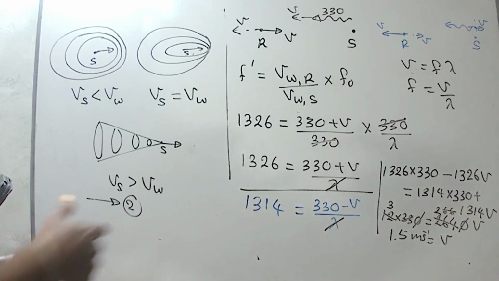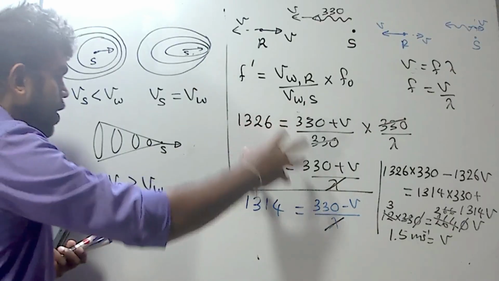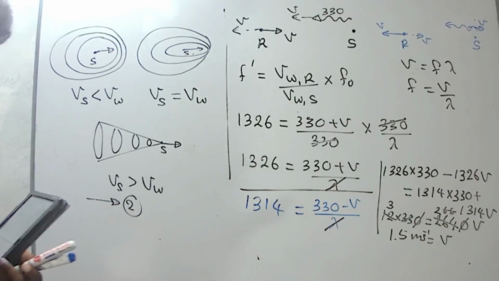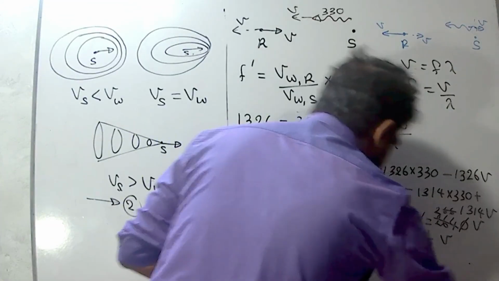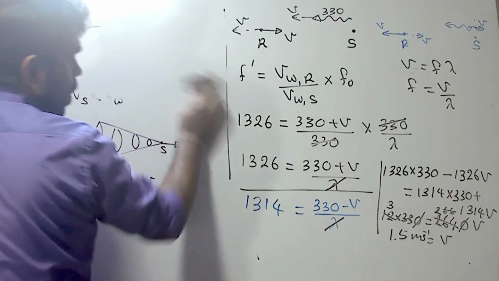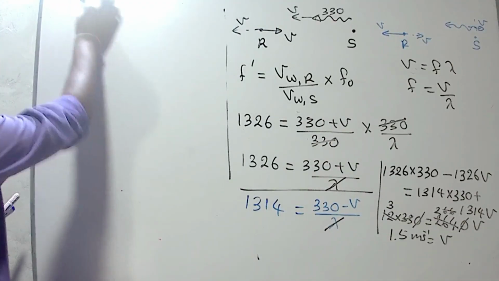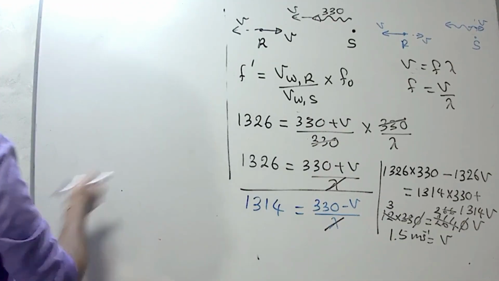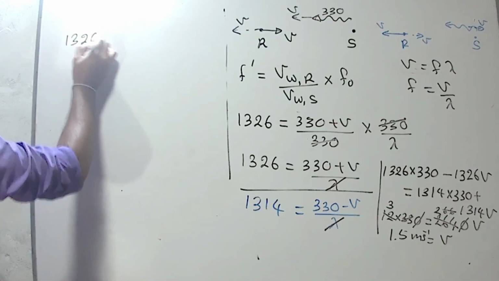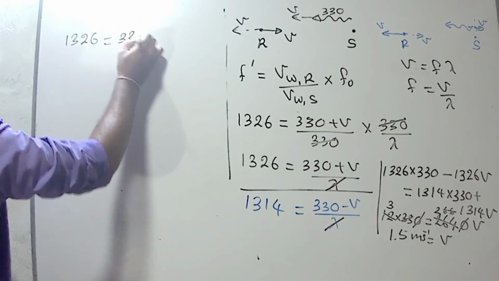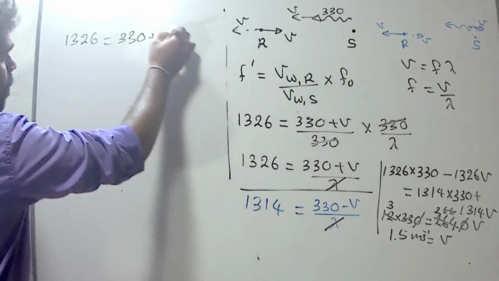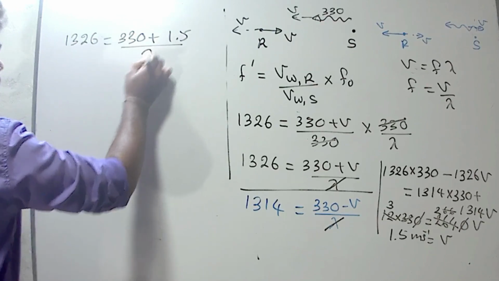Now we can substitute into the first equation or the second equation to get the lambda value. I will use the first equation. Then 1326 equals 330 plus the v value, 1.5, divided by lambda.